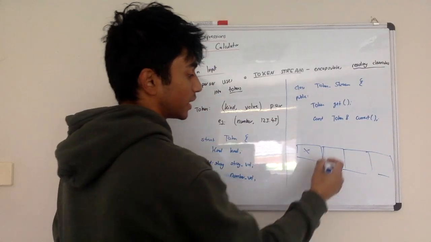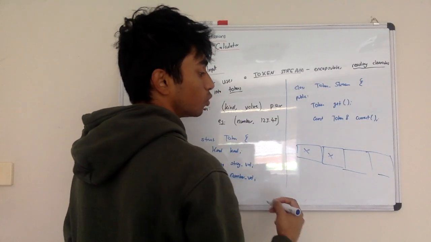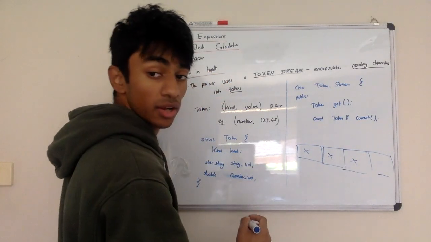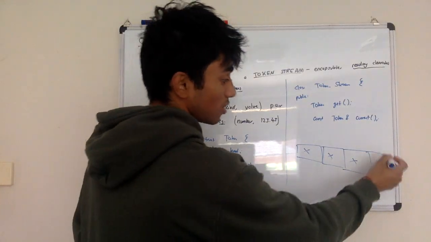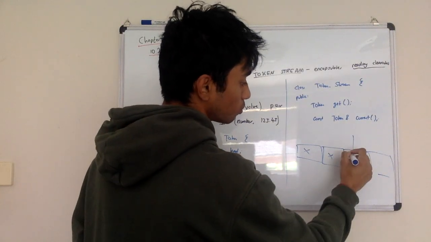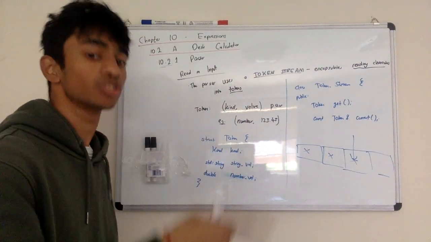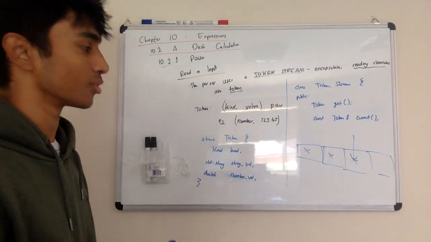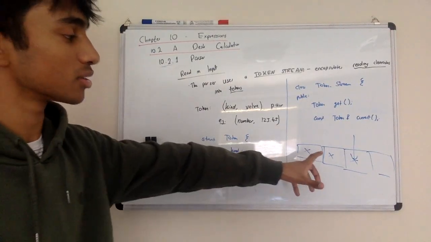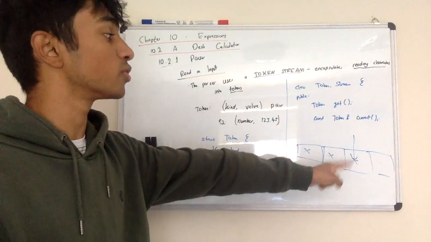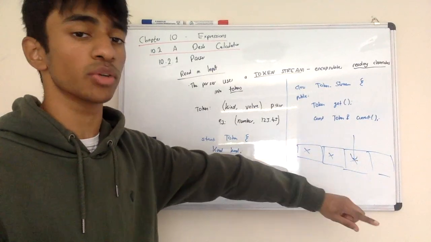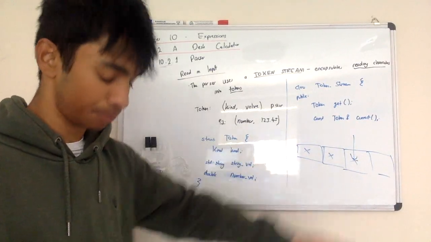And if you call get again, get will get this one. And if you call get again, get will get this one, right? If you now call current, rather than getting the next token, current will return what get just got. So it returns a reference in this case to the token that was most recently retrieved by get.